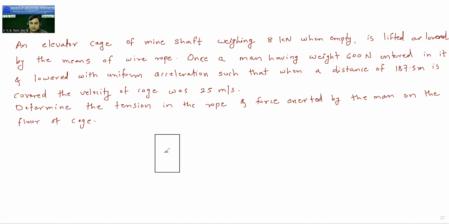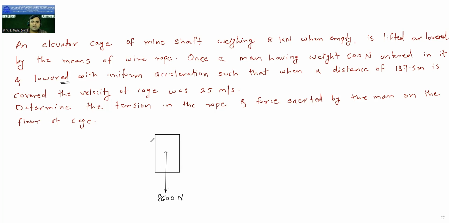So that total weight we will show. I have already told you, we always show the weight vertically downwards and it must act through the centroid. So here this is 8,600 Newton.